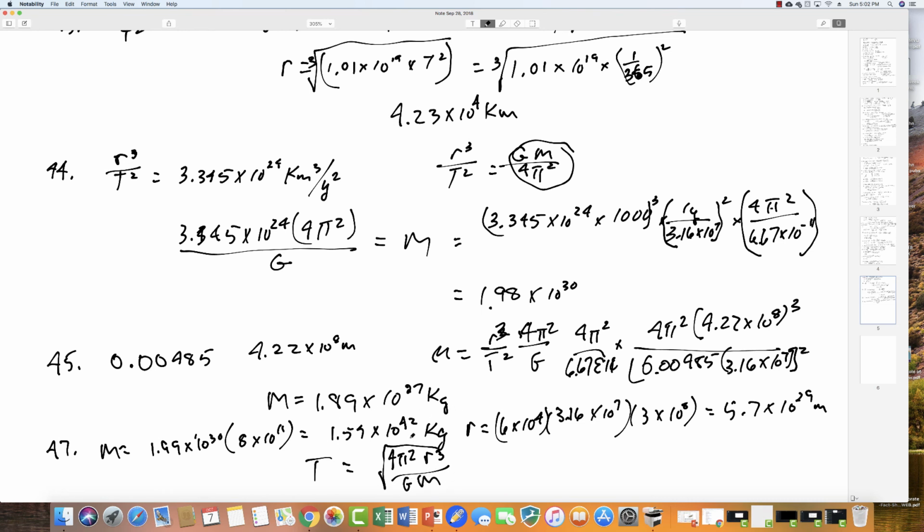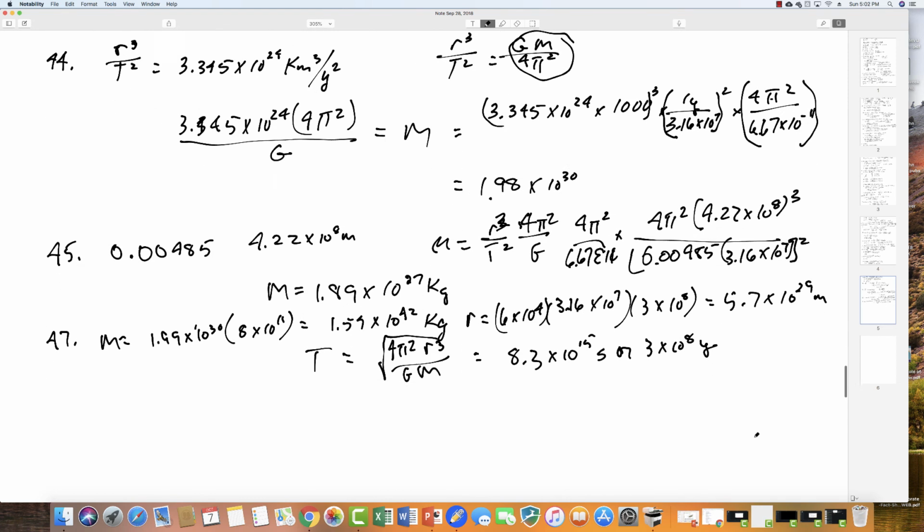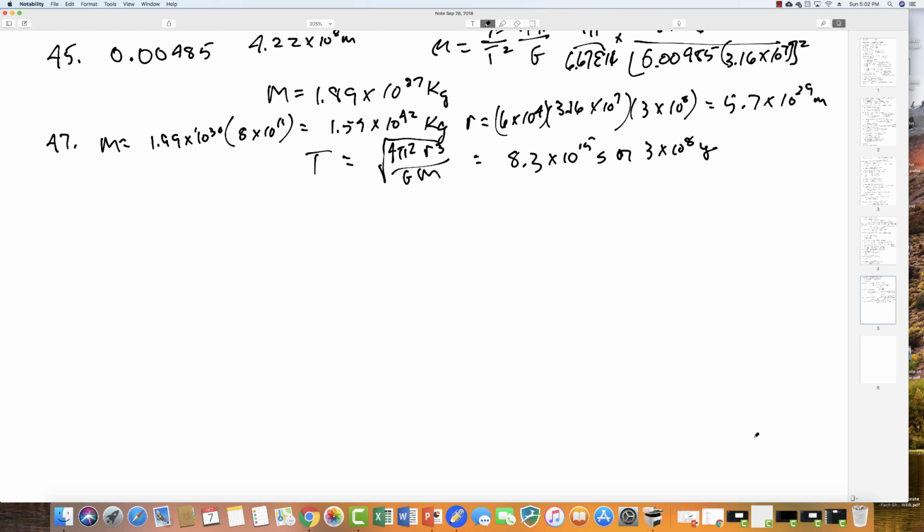If we use this as M, this is r, and put it in here, and G we already know, then T is going to equal 8.3 times 10 to the 15 seconds, because we convert to seconds, and then we can convert that back to years, or 3 times 10 to the 8th years. So the period is going to be 3 times 10 to the 8th years.